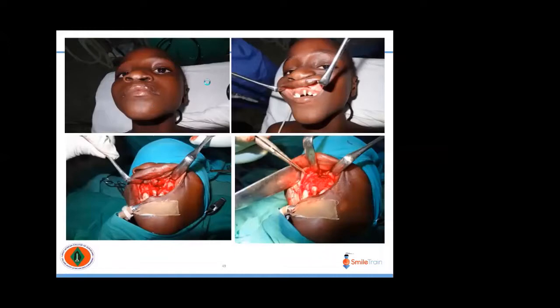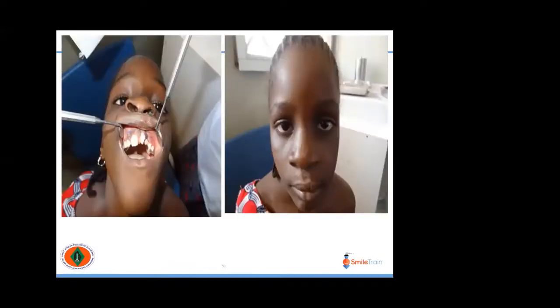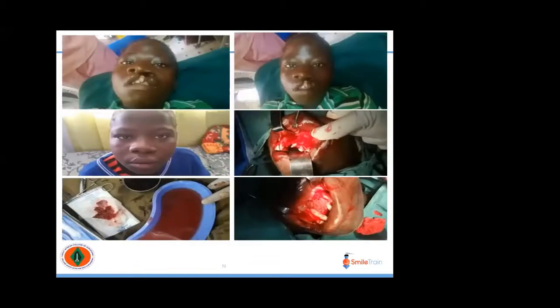So this is another girl with a cleft lip, palate and alveolar cleft. Lip repaired at the age of 3 months, palate at 14 months. And this is a post-operative X-ray after 3 months. And this was the girl 2 weeks after the surgery. And this is another patient with a complete lip and alveolar cleft, no palate, who came at a little bit older age, 9 years.